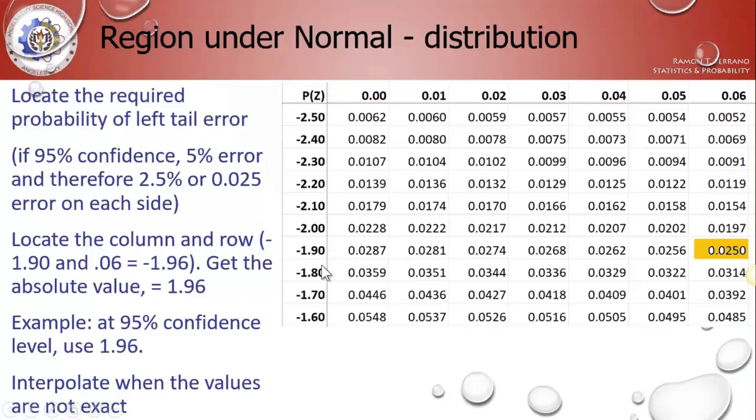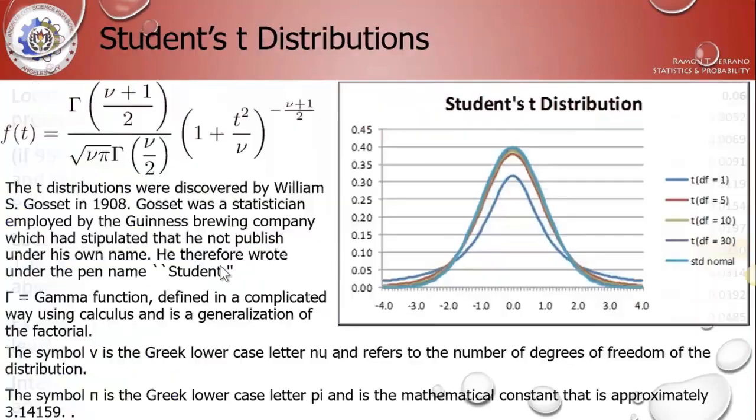So, negative 1.96 and positive 1.96. Meaning to say, this 0.025, the area below negative 1.96 is 0.025. And in the same manner, the area above positive 1.96 will also be 0.025. Okay? That is a characteristic of the normal table.